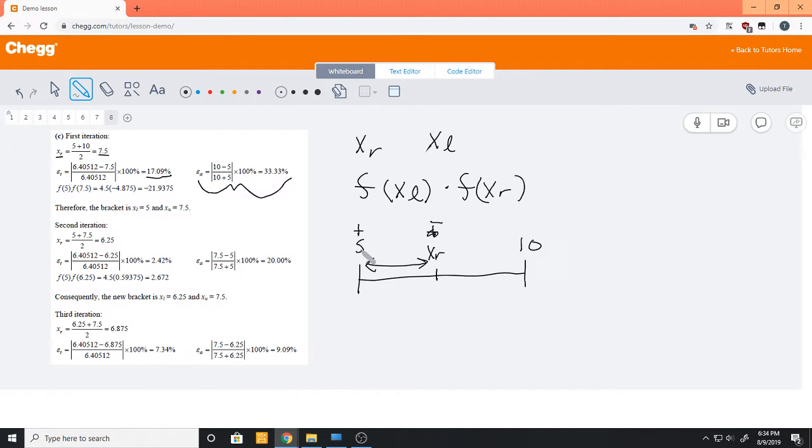By multiplying these, you're basically checking if there's a sign change. As you see here, we multiply them and we get a negative, so there is a sign change.